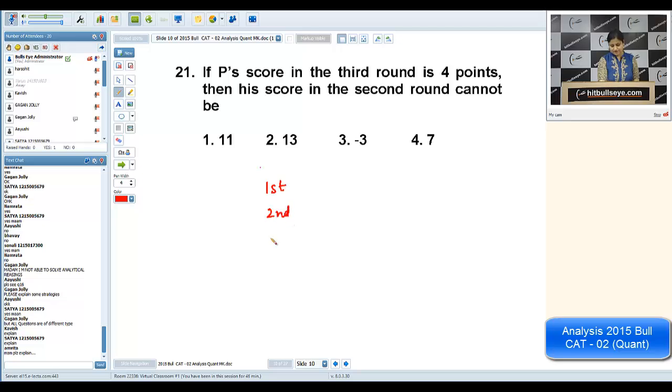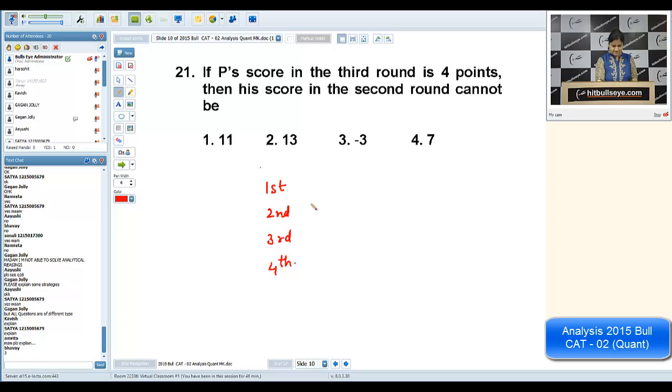First, I think you have read this question. Third and fourth. In the first round, what is the number of aims one is getting? The first round comprising 3 aims. We have no information about shots. It can be a miss, it can be a shot.